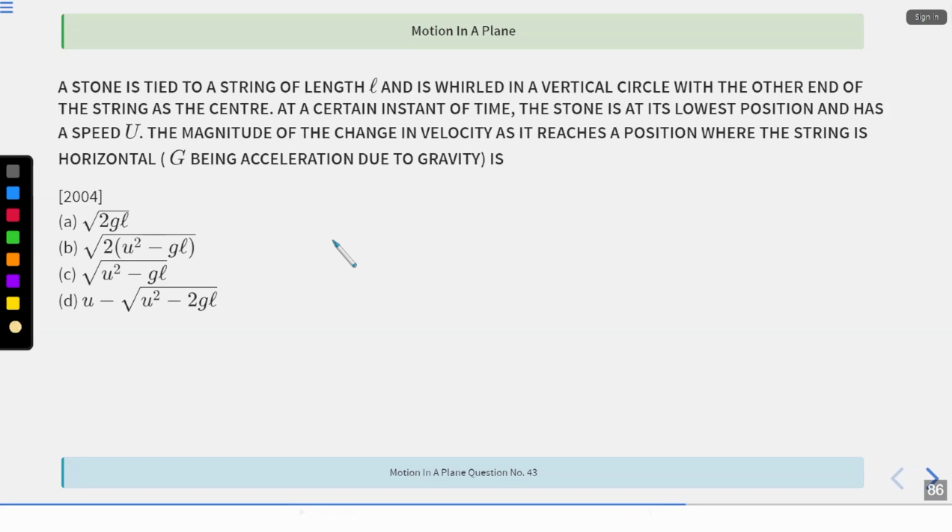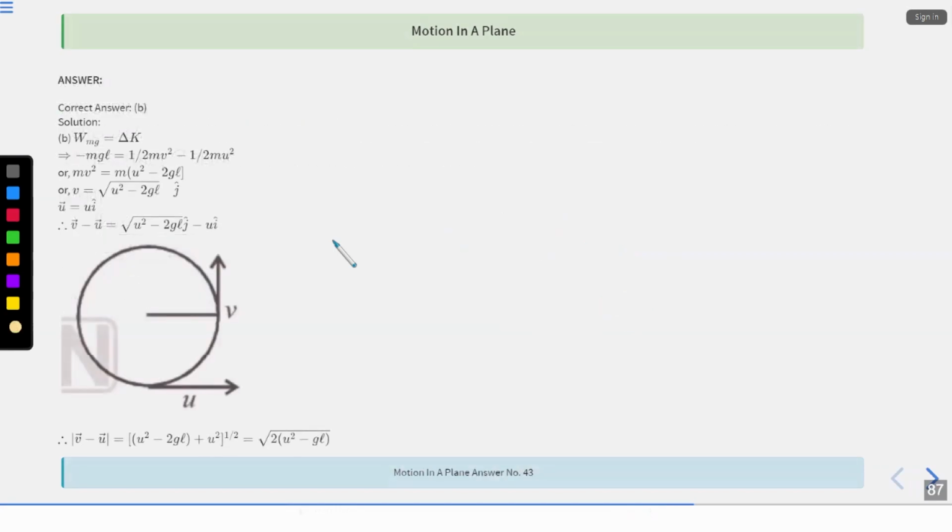Okay, so this is a mix of circular motion and string whirling concepts. What they want to know is, at the lowest point this is the velocity u, and over here it's this. So we need to calculate.